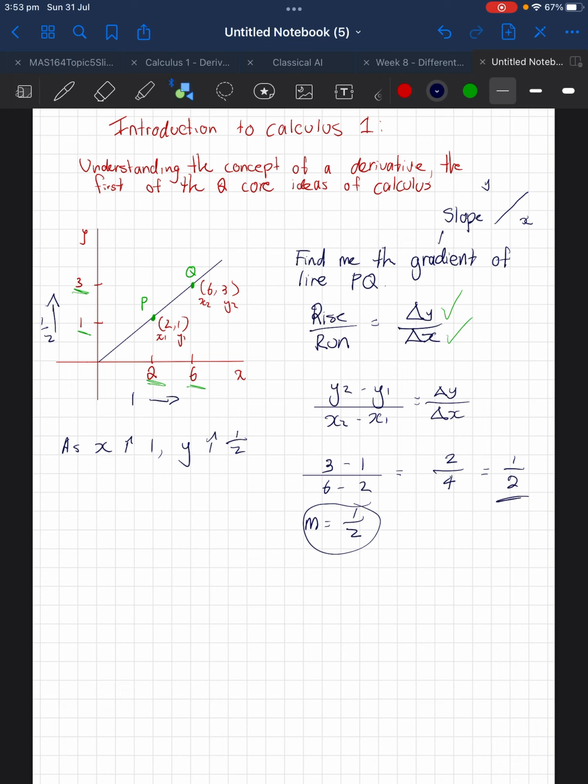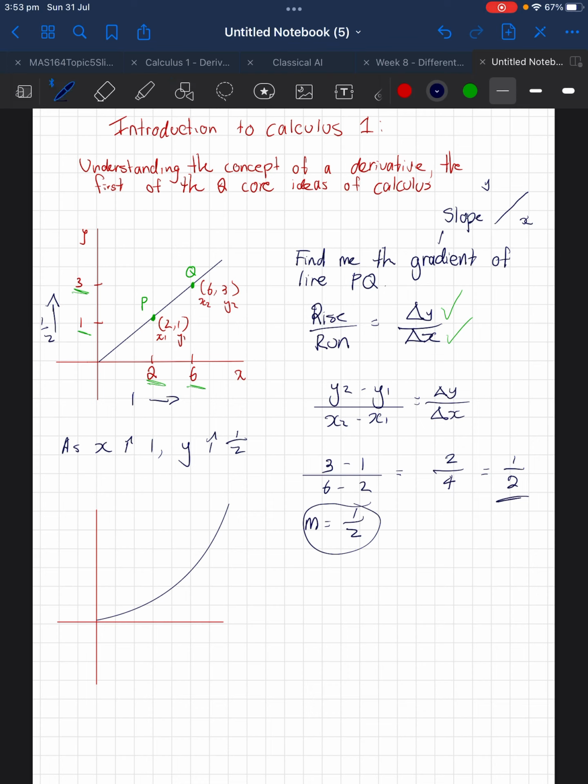But in the real world, equations aren't always in straight lines. For example, you could have trigonometric functions that have a line that is curvy like this. Or to show you a simpler example, you could have a curve that looks like this.